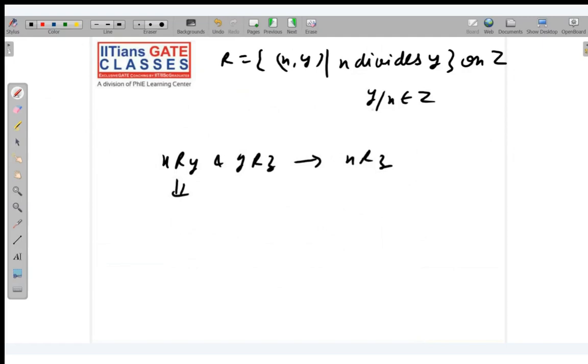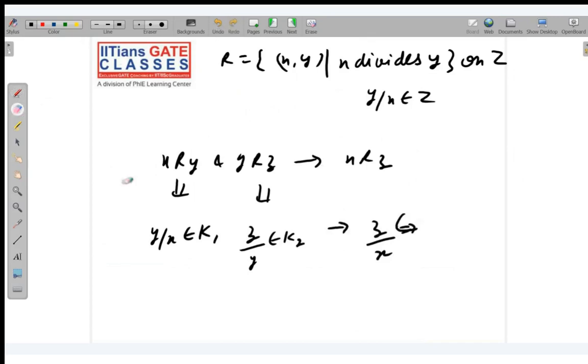x related to y, the definition says y by x should be some integer quantity, say k1. y related to z means what? z by y should be k2. And from here we should be able to conclude z by x should be k3.